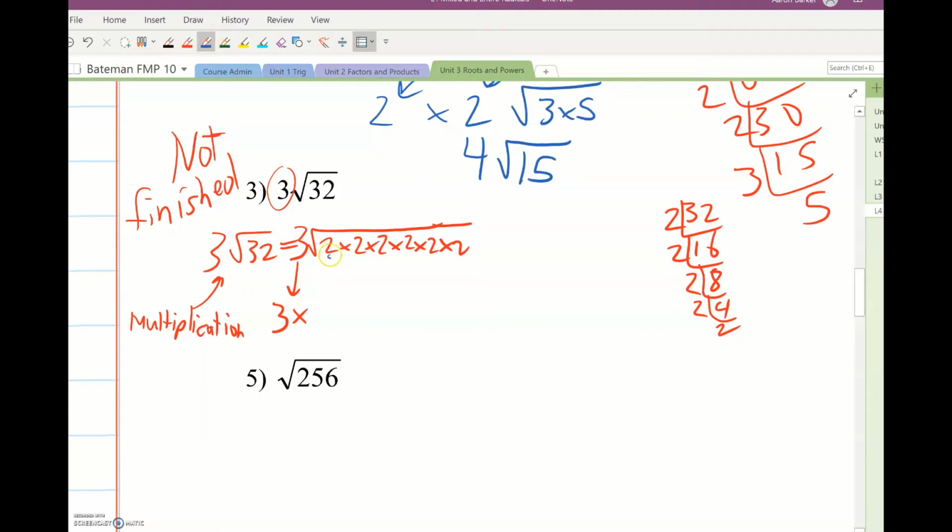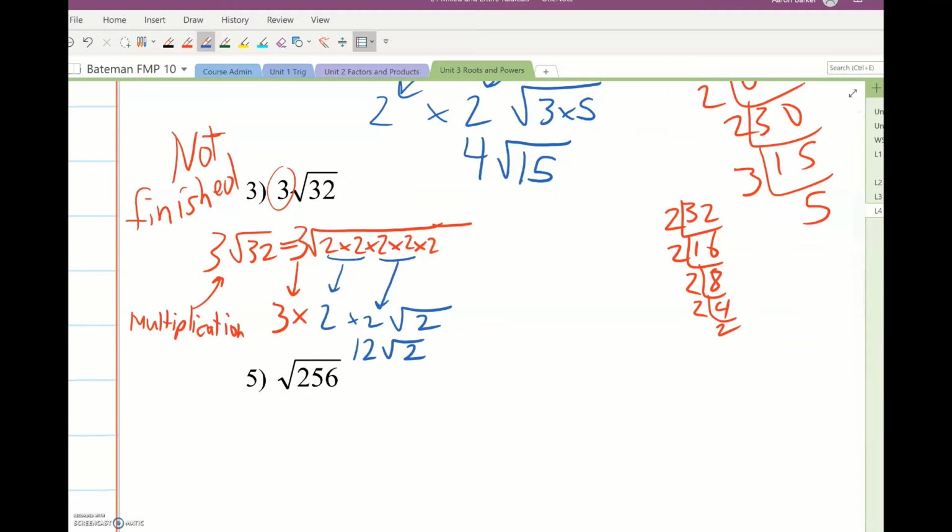So I will take out a group of 2, and I'll take out another group of 2, and I have one too many, my bad, sorry, and there's one guy left over. So this one left over is right there. Now we got to regroup it, and 3 times 2 is 6, times 2 is 12, so my answer is 12 root 2. Simplest form.